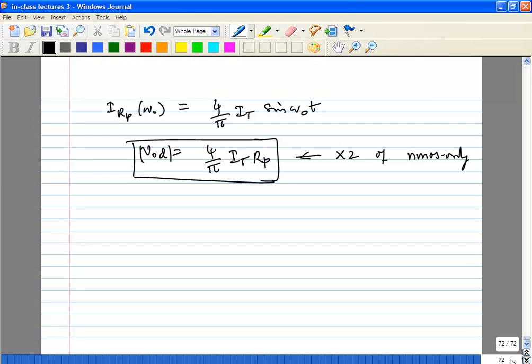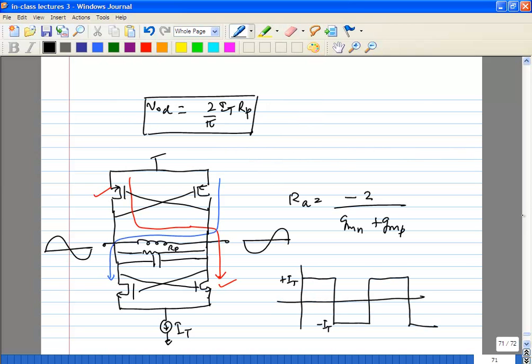That would maximize the swing at the output of the VCO. And of course the sizes: you have chosen the current, the W over Ls of the transistors you will choose based on your startup condition, depending on which architecture you choose, the gm based on that.